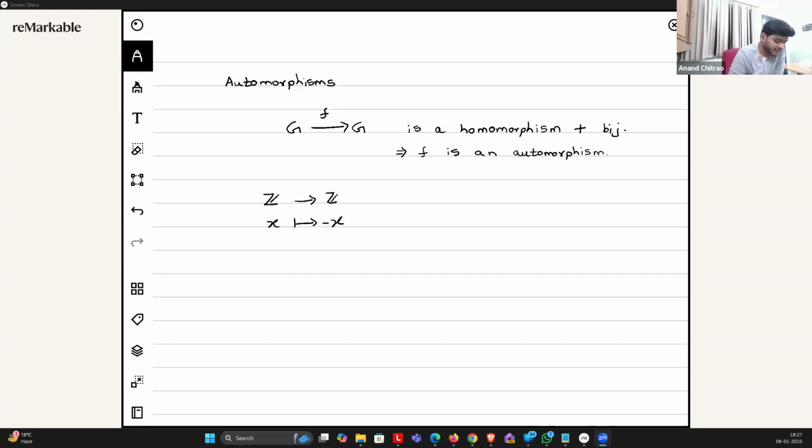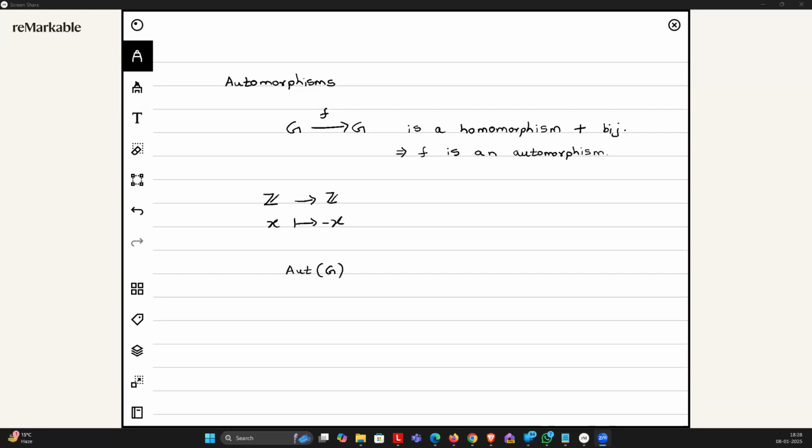Now, the set of automorphisms of a group forms a group by itself. So you can look at Aut G. It's a priori just a set, a set of maps from G to G which are homomorphisms and bijective. But they form a group structure. Can somebody tell me what the operation is over there? Function composition.